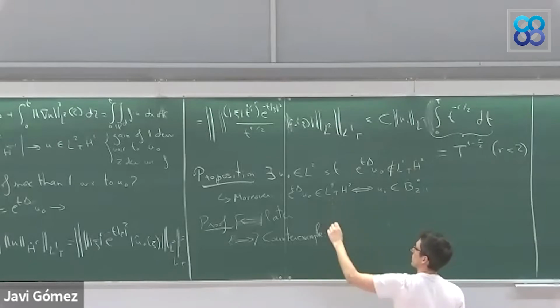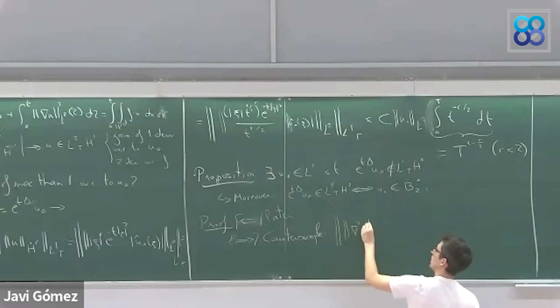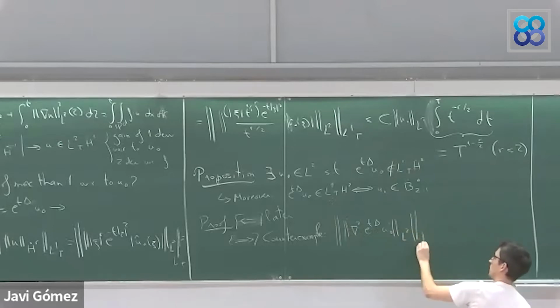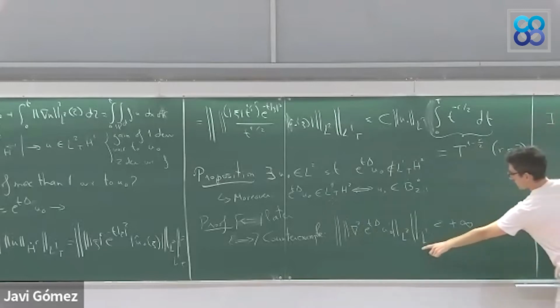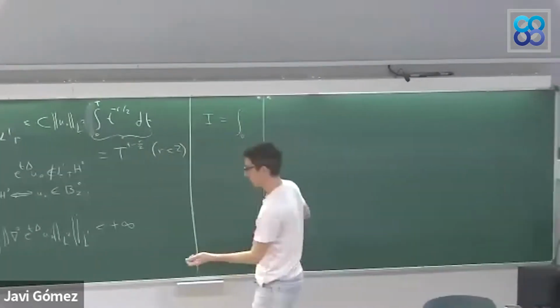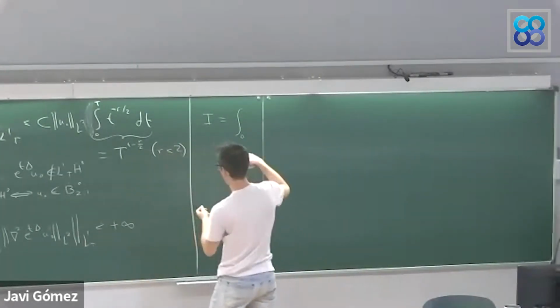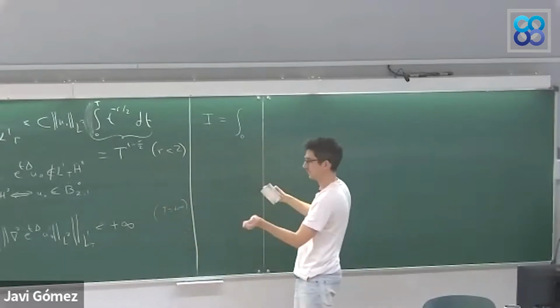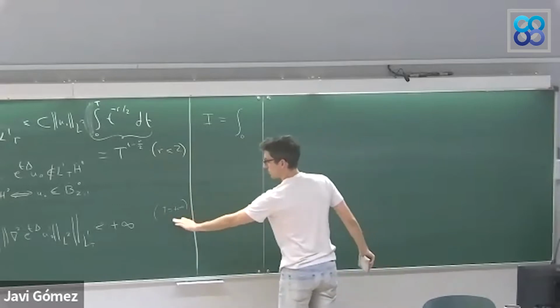So we have that this norm is called I. Let me write this. This is the integral from 0 to, I will just write here for t, it doesn't really matter.